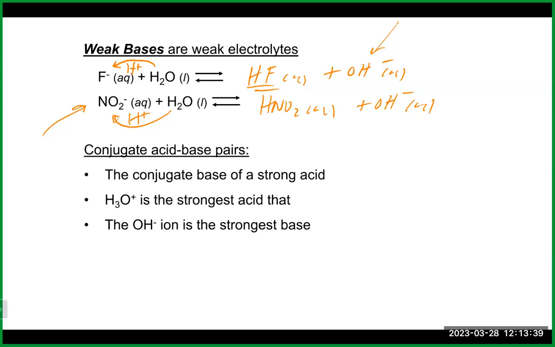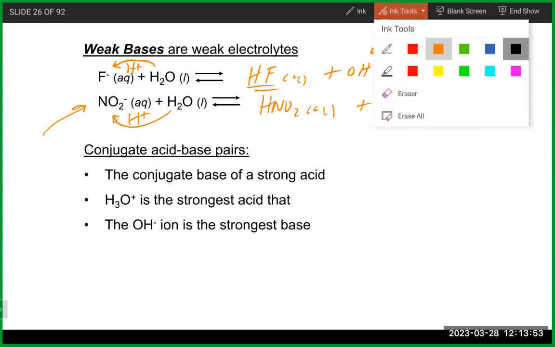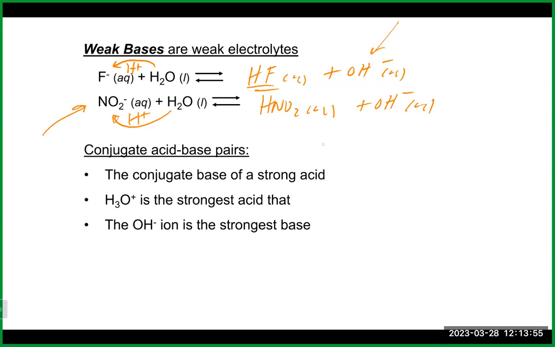There is an important relationship that exists between acids and their conjugate base pairs, and bases and their conjugate acid pairs. That relationship is this. If you have a strong acid, its conjugate base will be relatively weak.